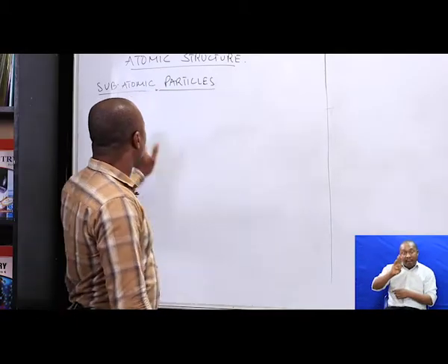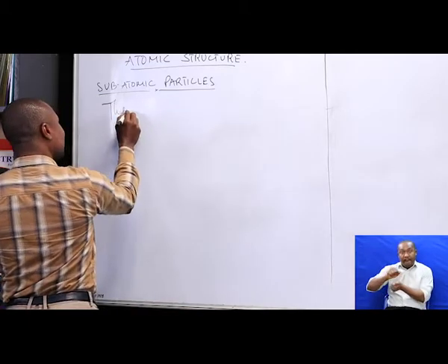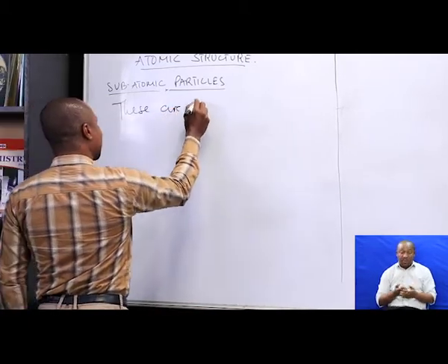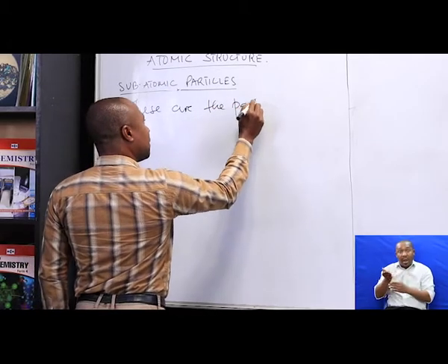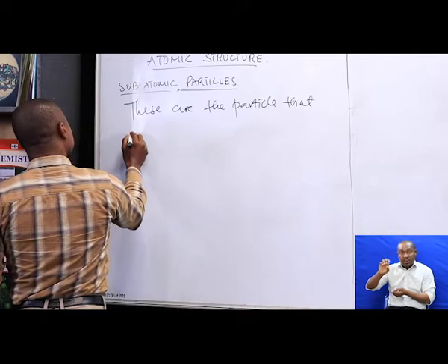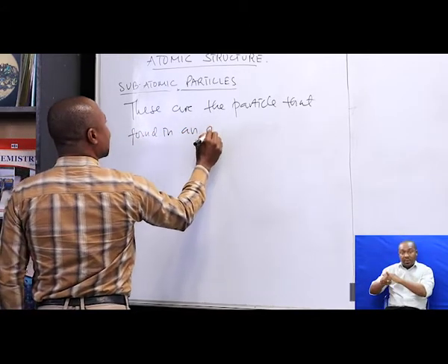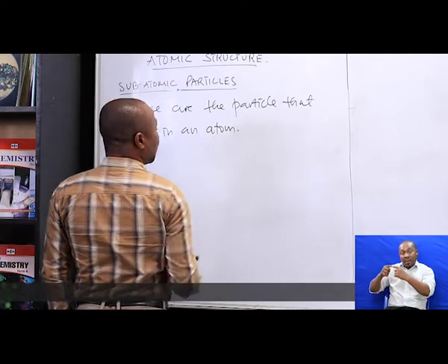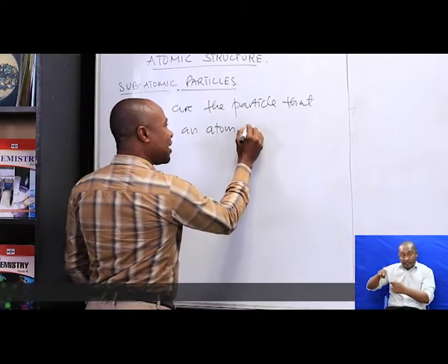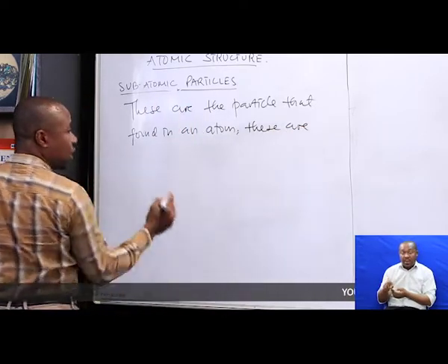Subatomic particle, what is subatomic particle? Subatomic particle, these are the particles that found in an atom. These particles include, what?